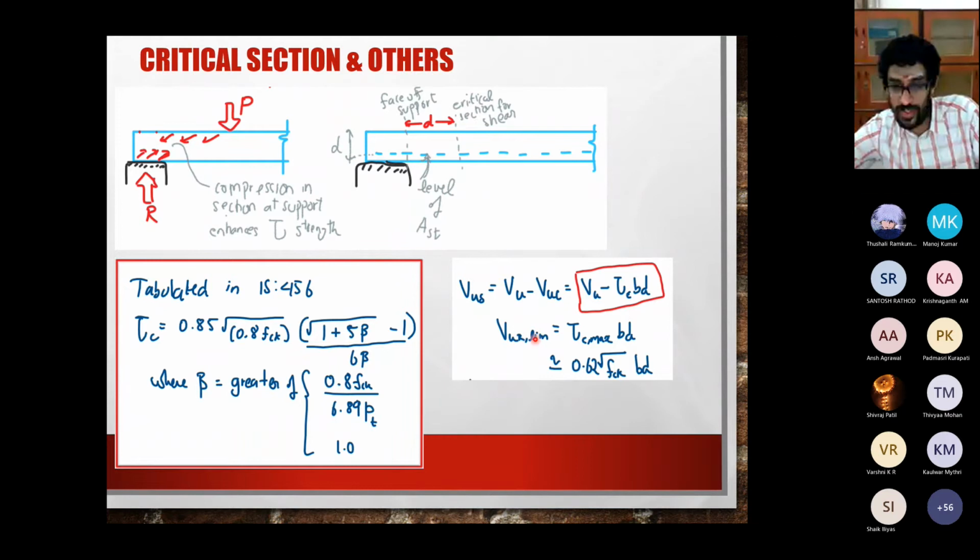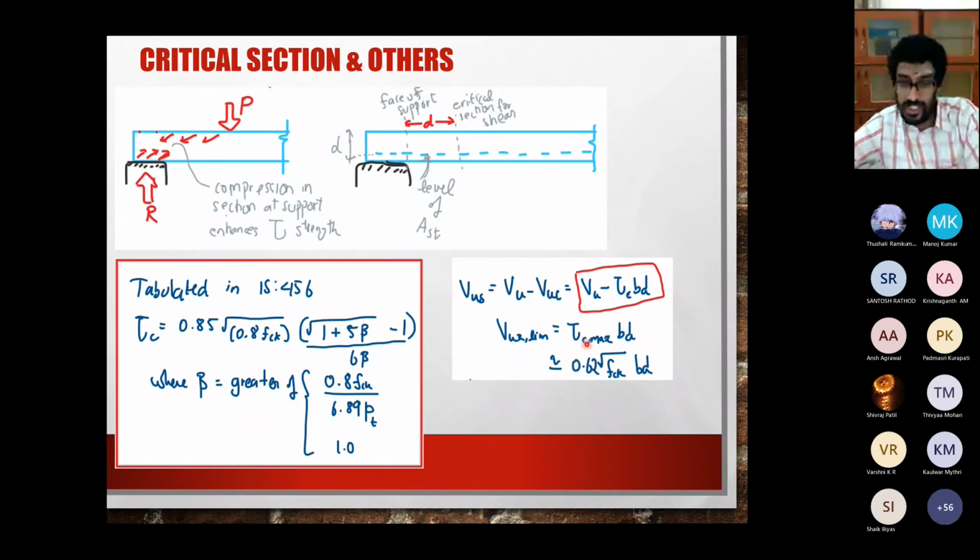Okay, and of course, I'm not saying not to give shear reinforcement. This tau c, for every grade of concrete, there is a certain limit set on it. This limit is approximately equal to 0.62 root of FCK into b d.